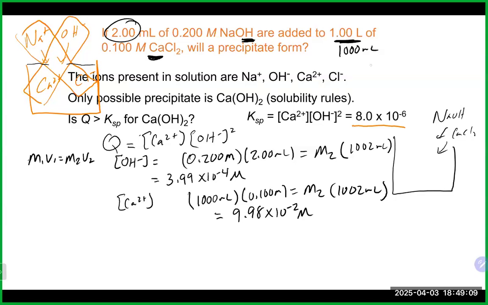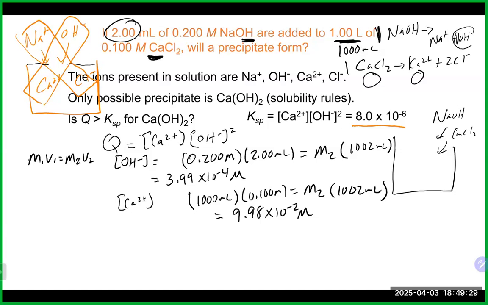By the way, it is a 1-to-1 relationship as to how these break apart. Whatever this one's concentration is, so is the calcium's. And it's also a 1-to-1 relationship when the sodium hydroxide breaks apart into hydroxide, so their concentrations are the same in this case. If it's not a 1-to-1, you just adjust it based on how many it breaks apart into.